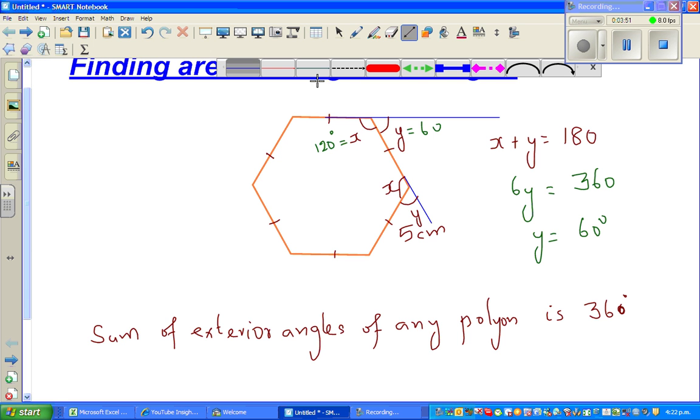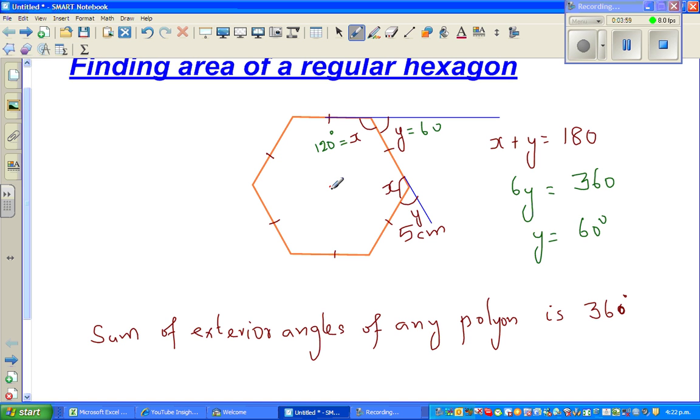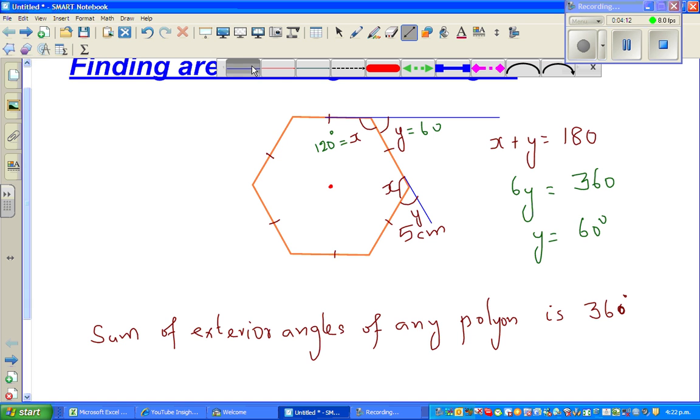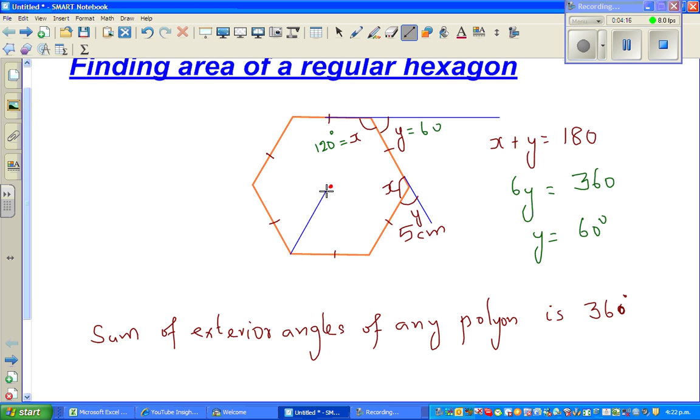Now what I'm going to do is split this hexagon. Suppose this is a point, not the center but a point which is equidistant from all the vertices. If I draw a triangle here, this is what I want to draw.